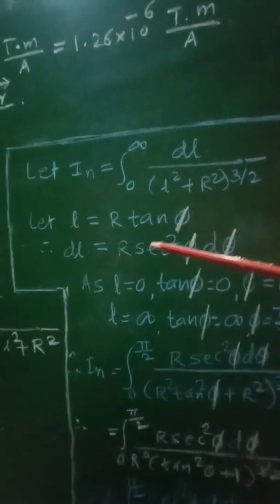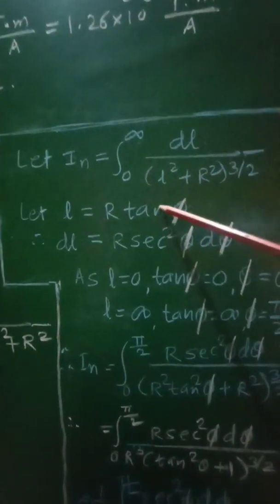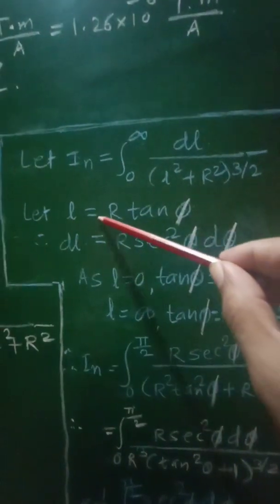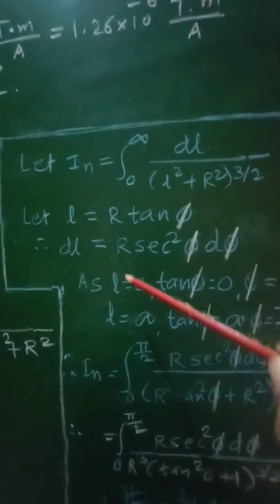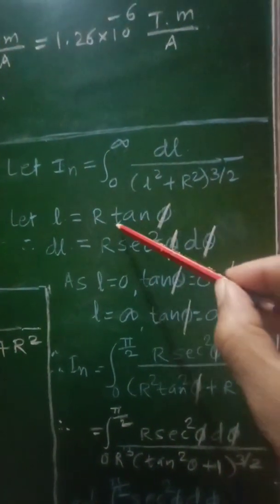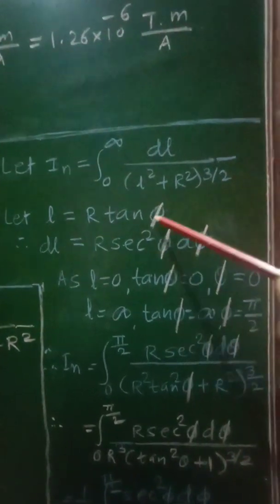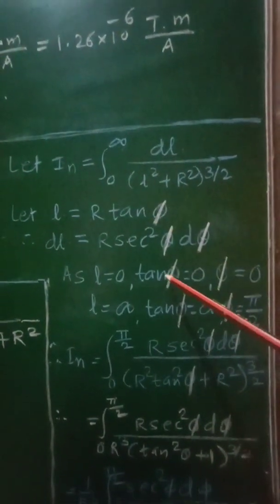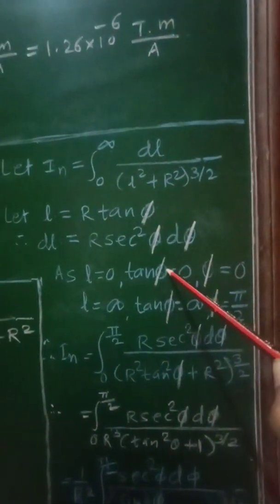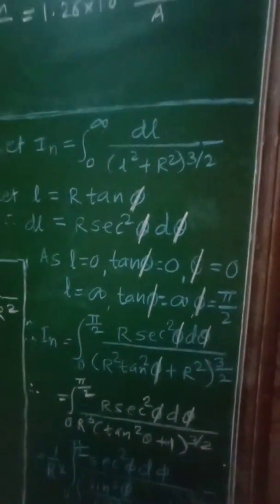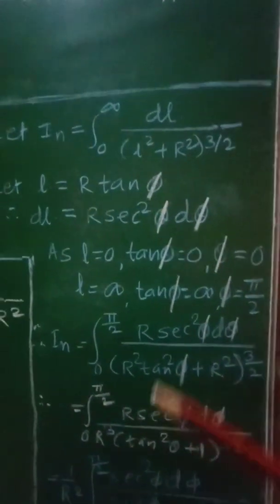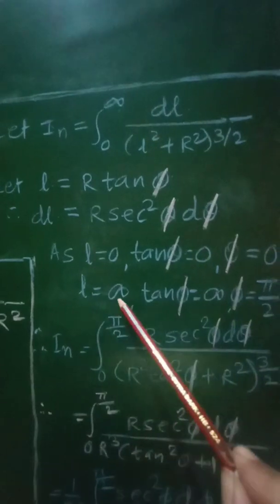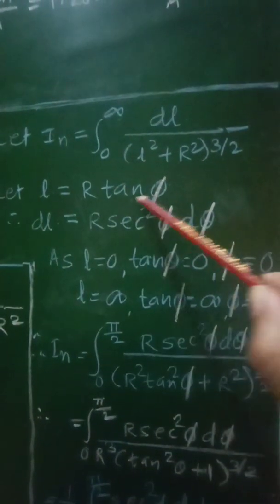Now from this relation, the value of this phi will depend upon value of this L. So if L is equal to 0, this side will be equal to 0. It will be 0 when tan phi equals 0, and if tan phi is equal to 0, phi will be equal to 0. Similarly, if L is equal to infinity, then this side will be infinity.